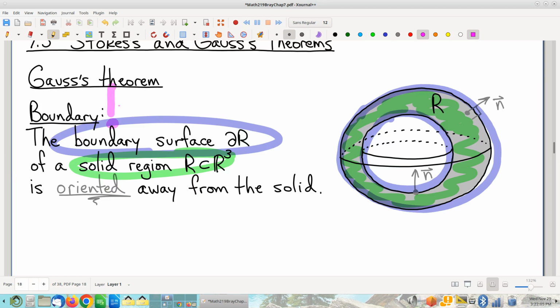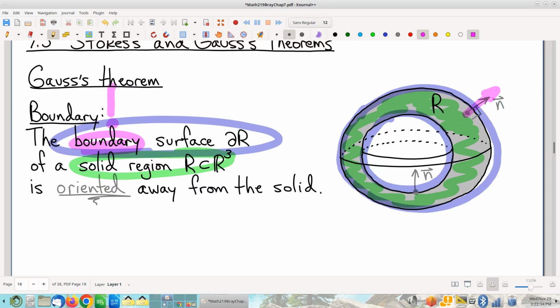Now I have to tell you what orientation is assumed and implicit in that word. Whenever you see the word boundary in chapter 6 and 7 context, that means oriented according to convention, and the convention is away from the solid. The boundary is always the border between solid and not solid, so the orientation is away from the solid and into the not solid.